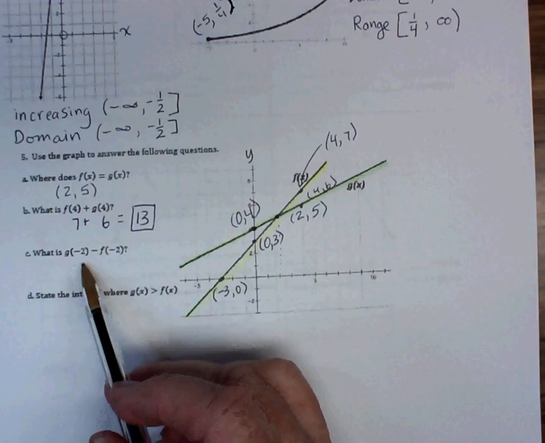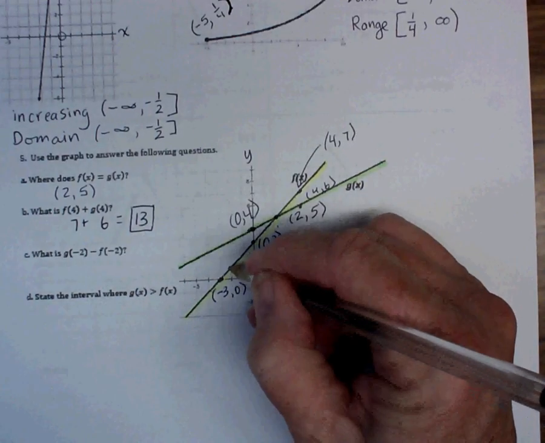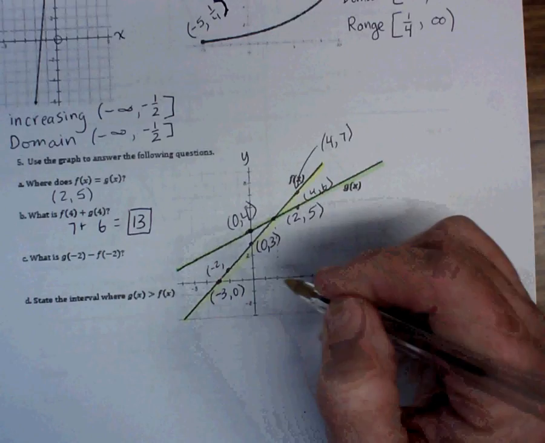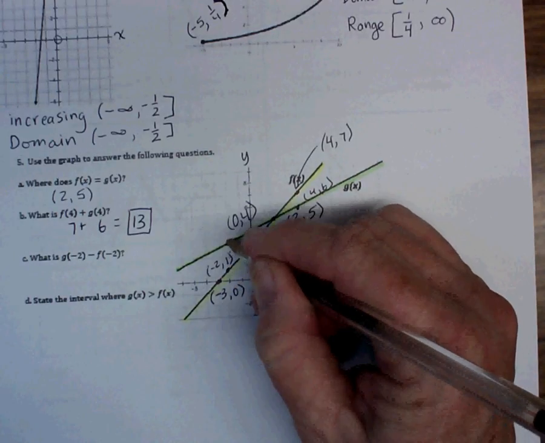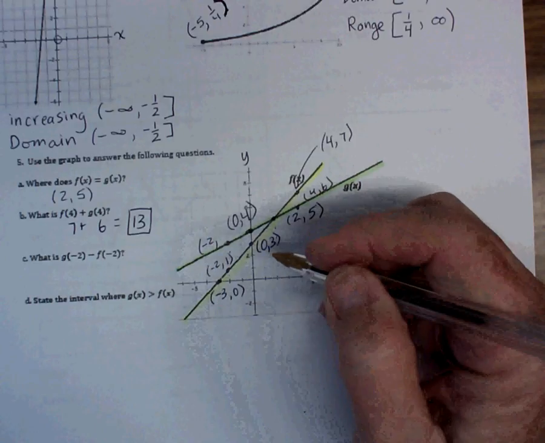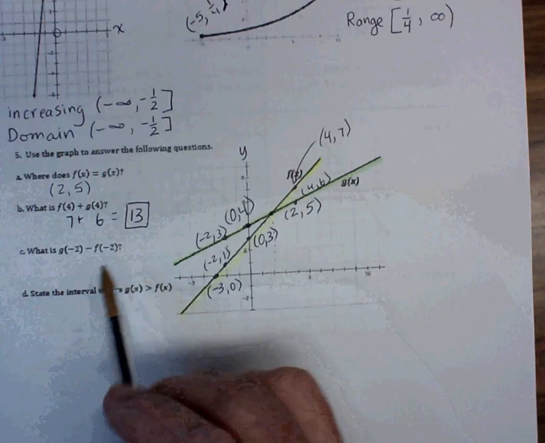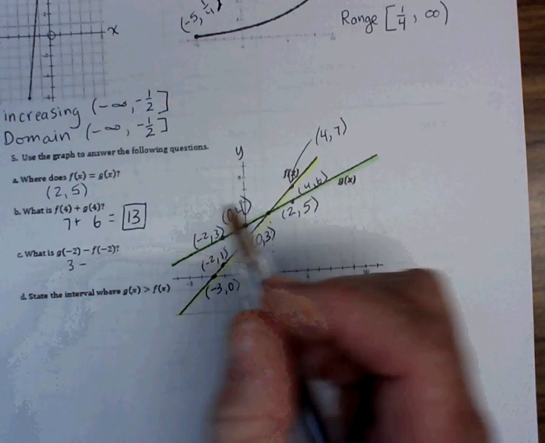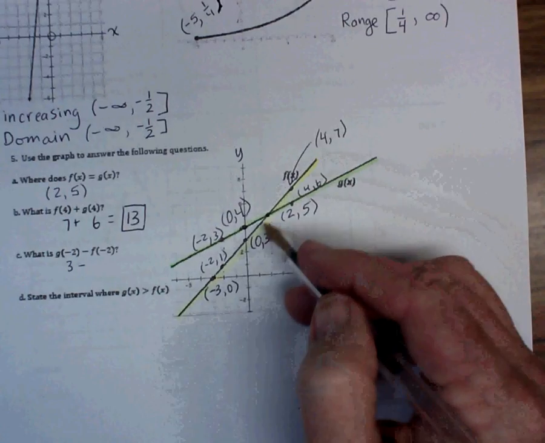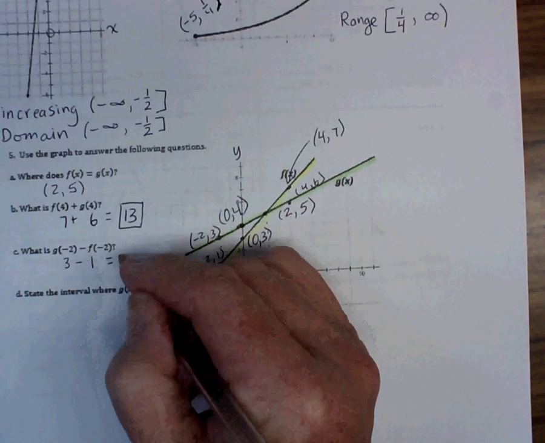Okay, at -2, it's right here. So -2, comma 1, and -2, comma 3. G of -2 is 3, f of -2 is 1. 3 minus 1 equals 2.